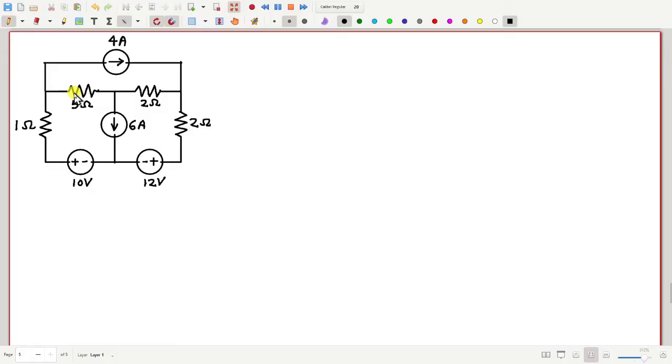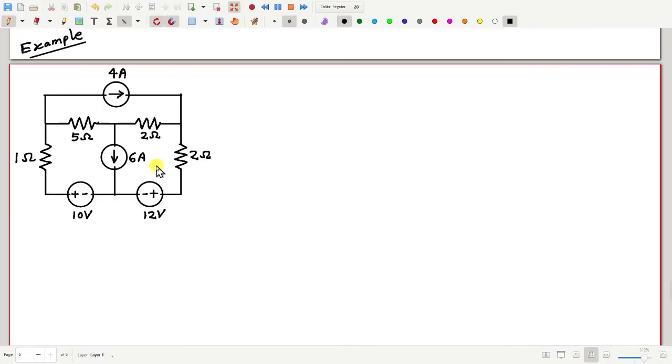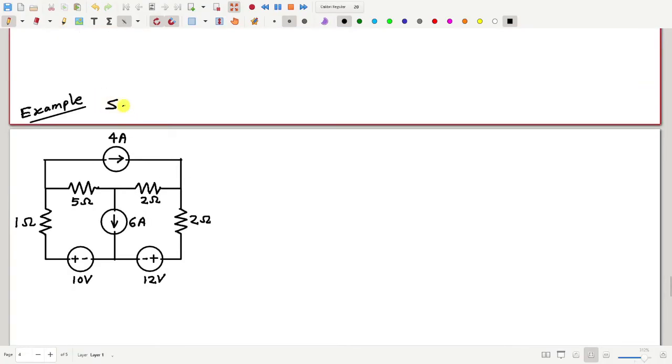So we have a circuit, and this has 4 sources, 2 voltage sources, 2 current sources, and 4 resistances. The question is to solve the circuit. That means find out the value of the voltages and currents in and across all the branches everywhere.